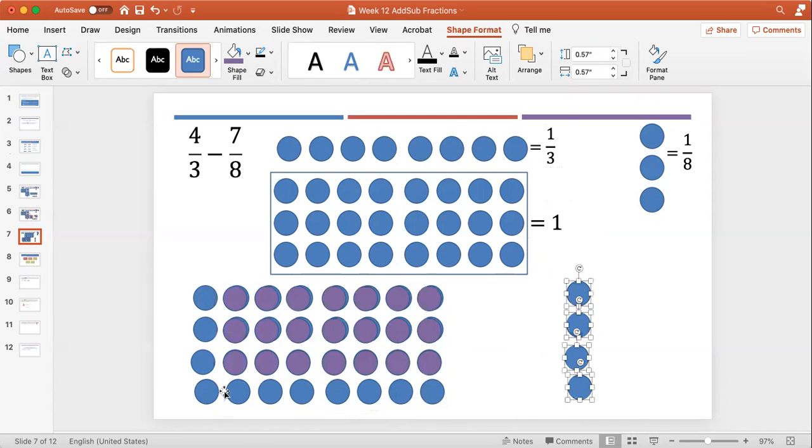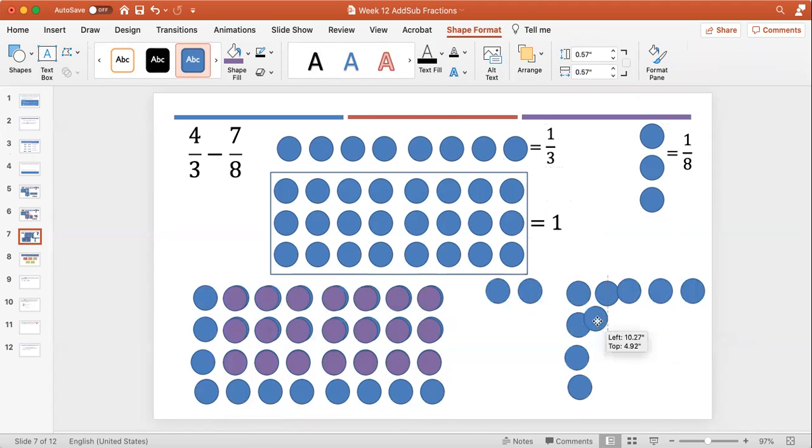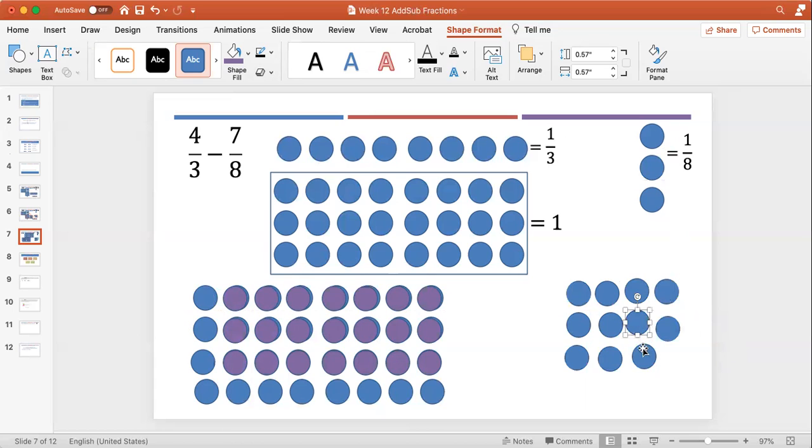I'm going to put an equal sign. And maybe I'm going to arrange them so that way they look like we had a 3 by 8. So I'm going to put them in 3 rows. Ooh, look, we don't have a whole 1, 2, 3, 4, 5, 6, 7.